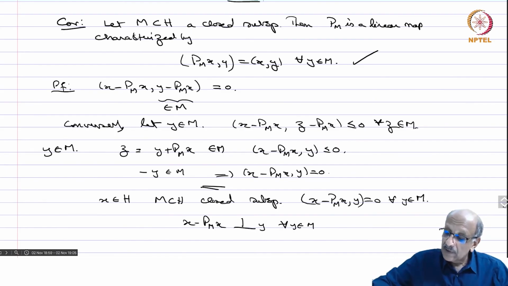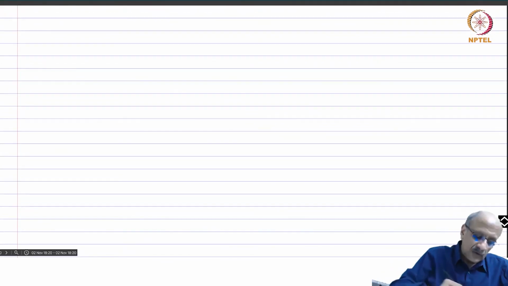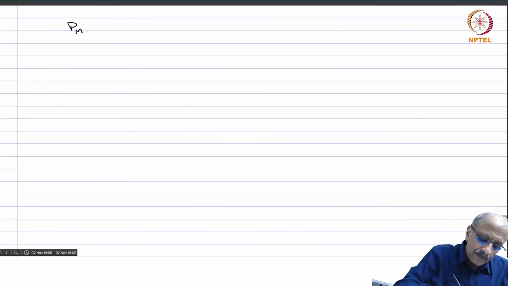That's what we mean by saying x and y are orthogonal. Okay, so P_M is called orthogonal projection onto M.